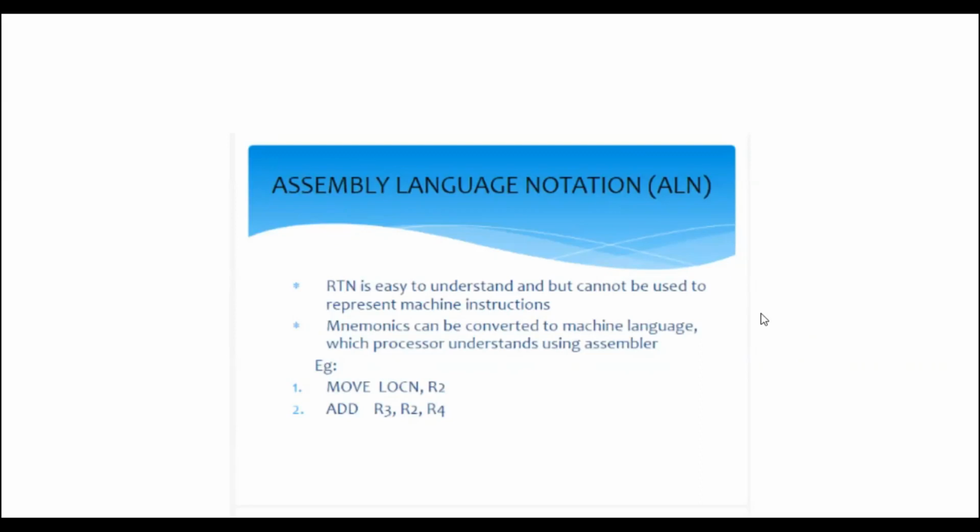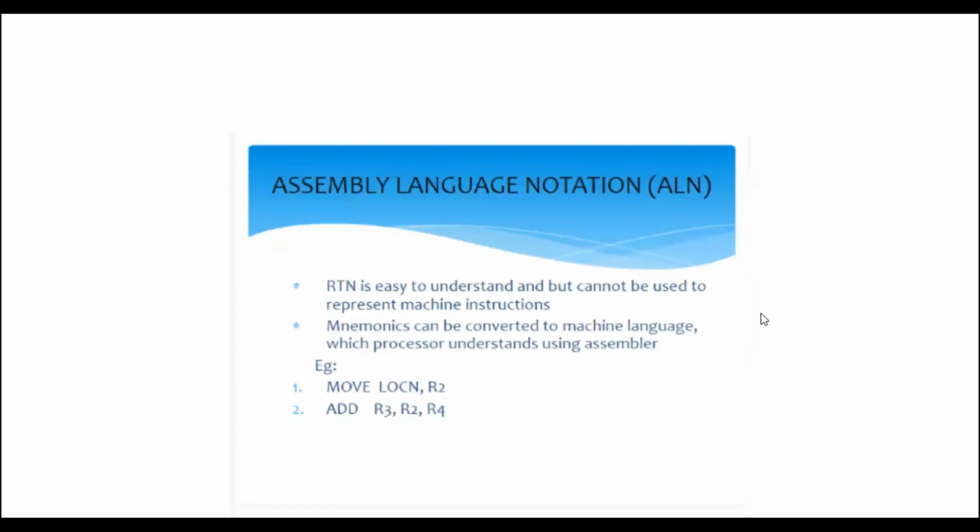Mnemonics can be converted to machine language, which the processor understands, using an assembler. Assembly language uses a mnemonic to represent each low-level machine instruction or opcode, or operation code, and typically also each architectural register, flag, etc. Most assemblers permit named constants, registers, and labels for program and memory locations, and can calculate expressions for operands.